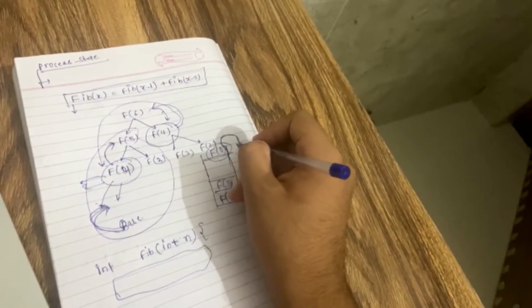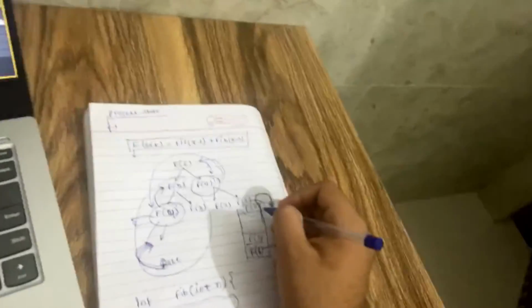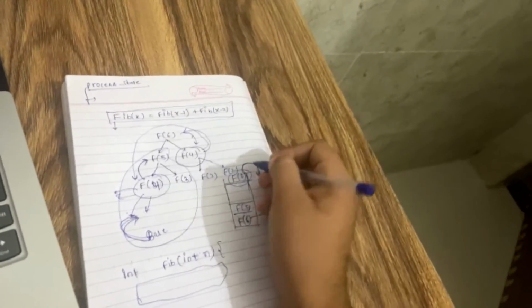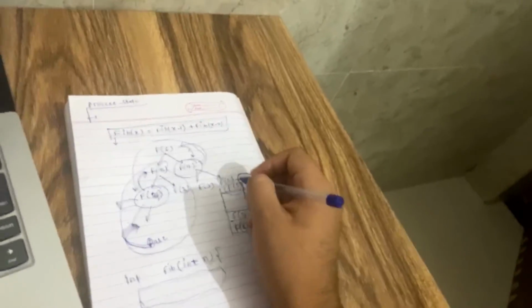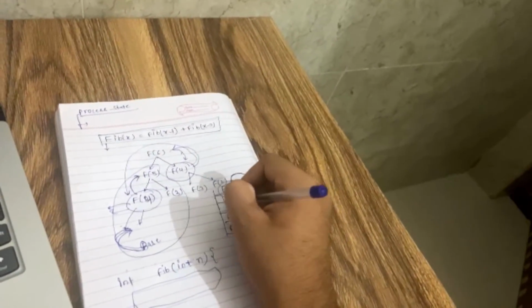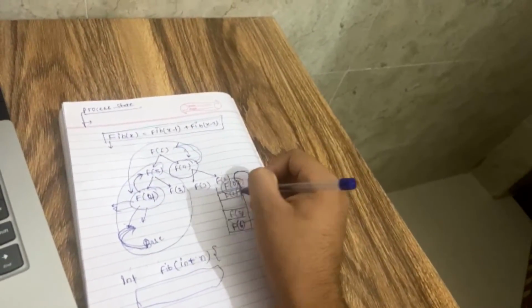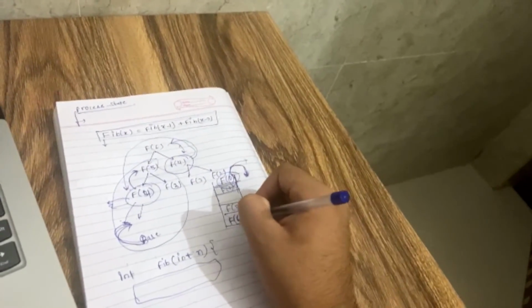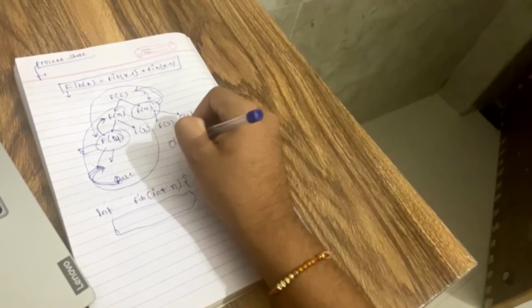So when we reach the base case, we start removing elements and return values to the previous elements, and finally we remove the last element. So recursion itself creates an O(n) space.